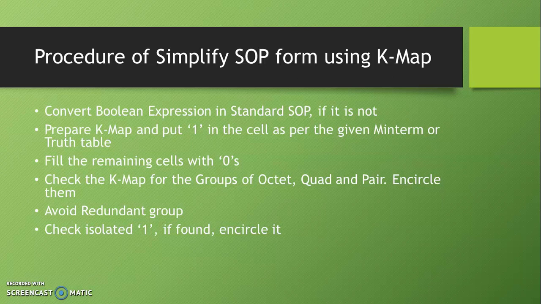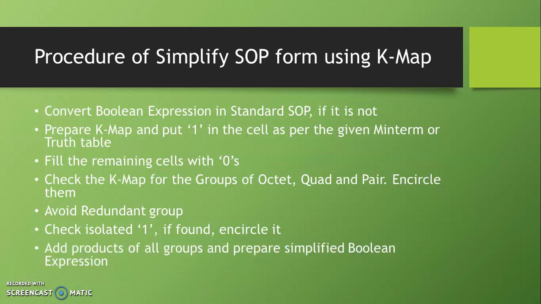No one should be left. So check if any isolated one remains. If found, encircle it. Add products of all groups and prepare the simplified Boolean expression. So at last, after simplification or elimination of variables as per the groups, add the products of all groups and prepare the simplified Boolean expression. So this will be our answer at last.